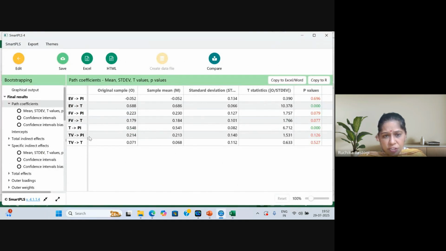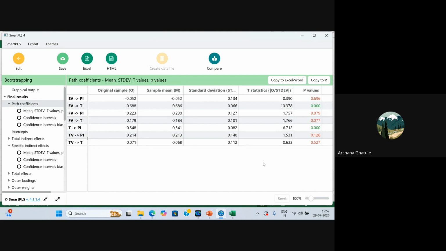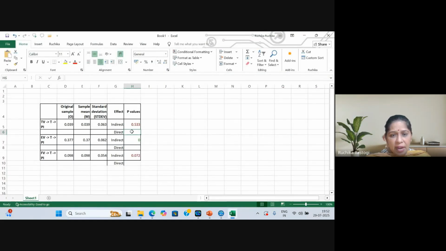What is the P value between TV and PI? 0.126. So I will write 0.126 here.